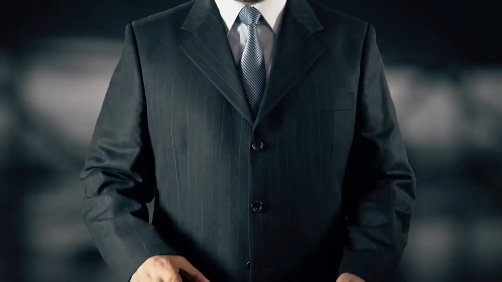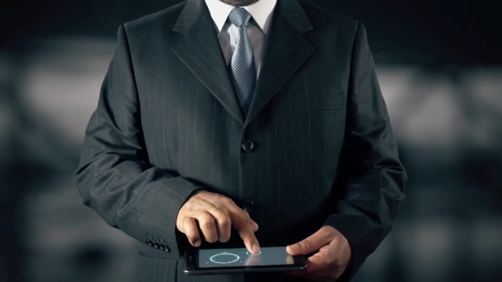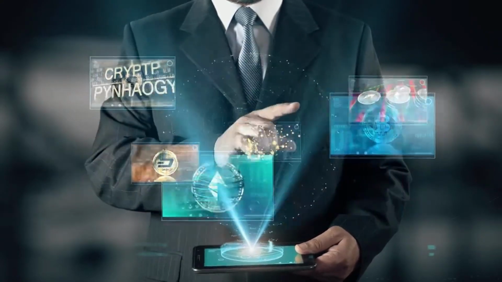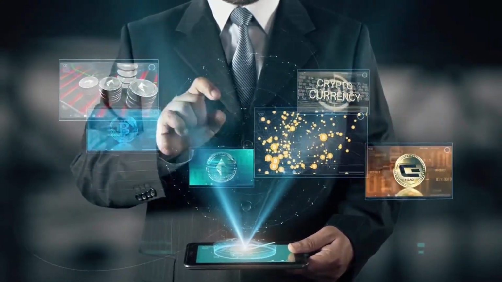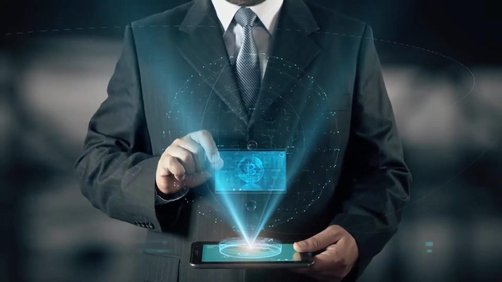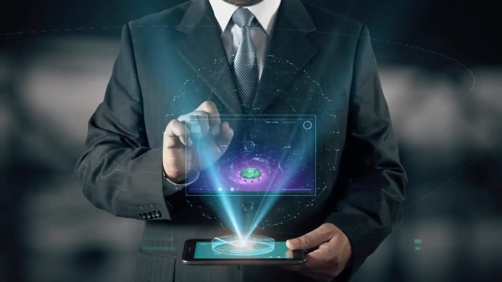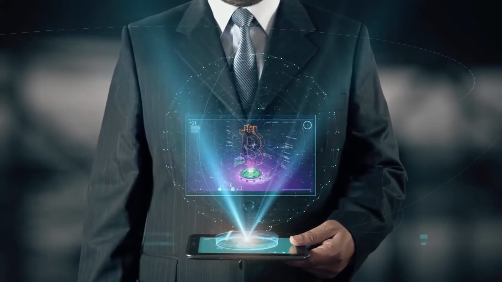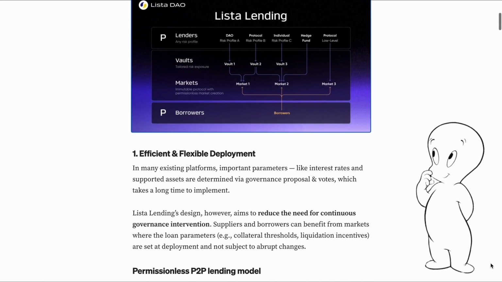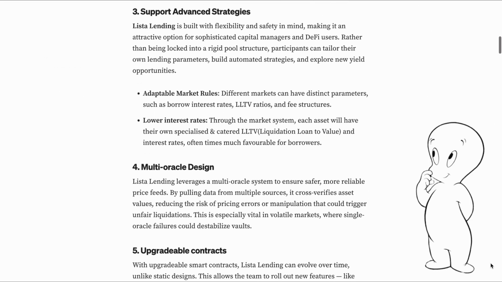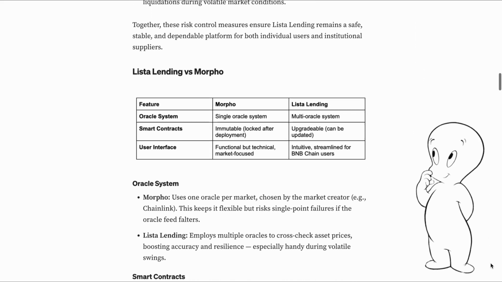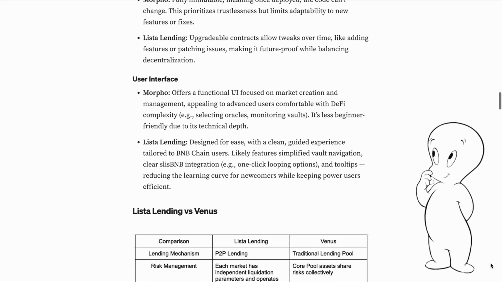So, let's summarize the above and list the main benefits. Lista Lending combines efficient and flexible deployment, permissionless P2P lending model, support advanced strategies, multi-oracle design, upgradable contracts, enhanced risk control measures. And compared to other similar solutions, Lista Lending has the advantages of low fees and high efficiency, as well as flexible loan terms and enhanced security.